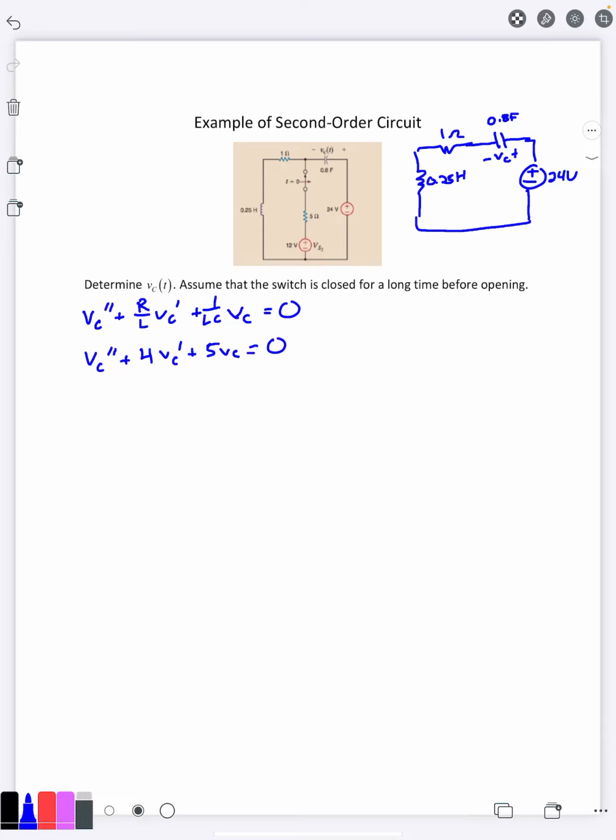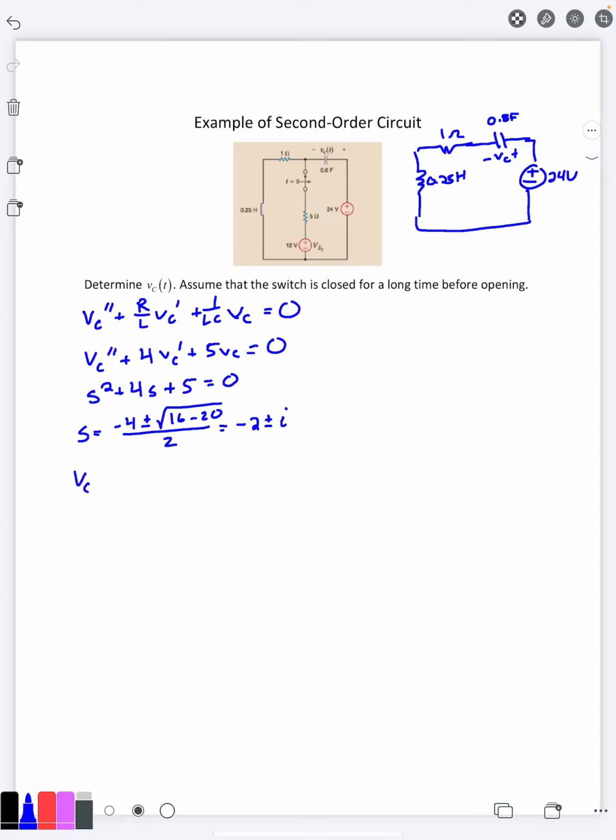So then my auxiliary equation would be s squared plus 4s plus 5 equals 0. Can't factor that nicely, so we go to the quadratic formula. b squared is 16 minus 20, over 2a. And we're going to get s equals negative 2 plus or minus, let's see, square root of negative 4 is 2i, over 2, so plus or minus 1i here.